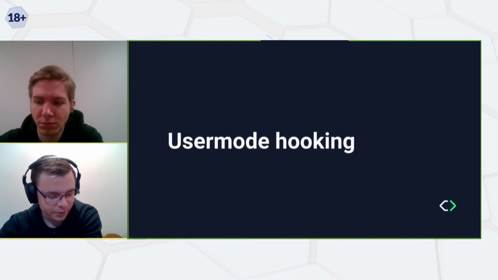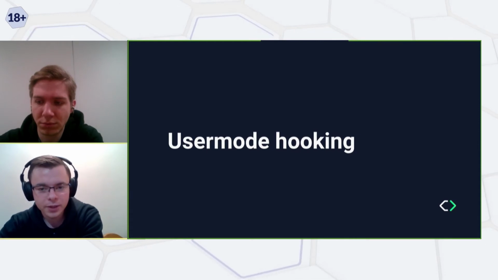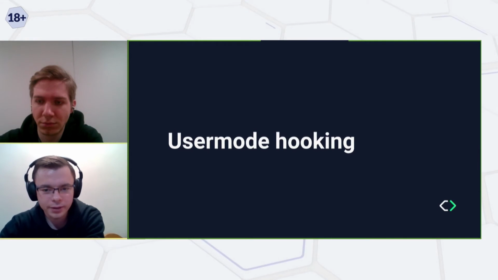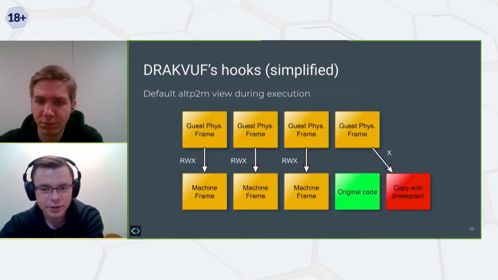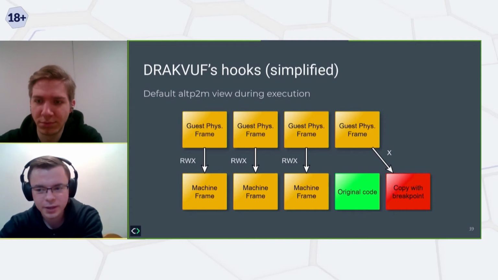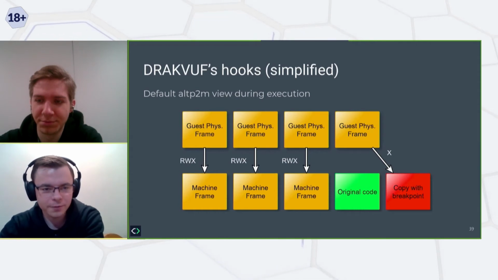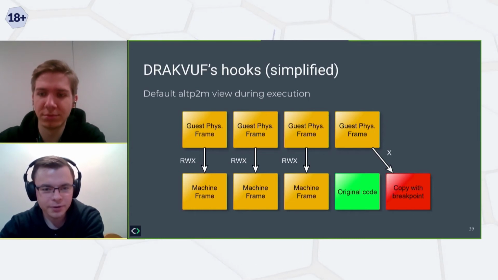Okay, and another part, how to understand what is happening in the user mode while we are in the hypervisor level malware monitor. This is actually really, really tricky. So the first thing to describe is how Drakvuf hooks actually work. We have this magical layer of mapping between guest physical memory and machine physical memory on the hypervisor.